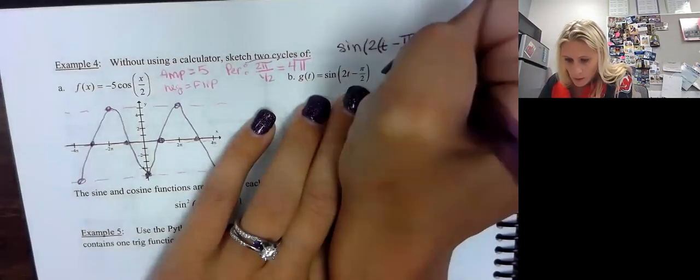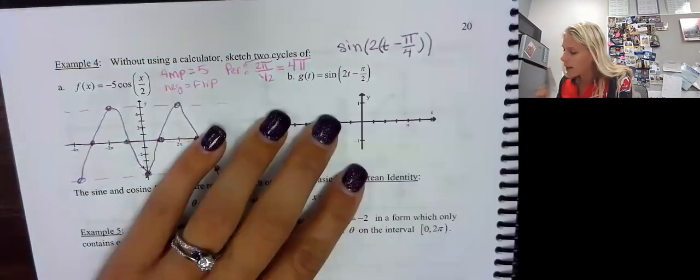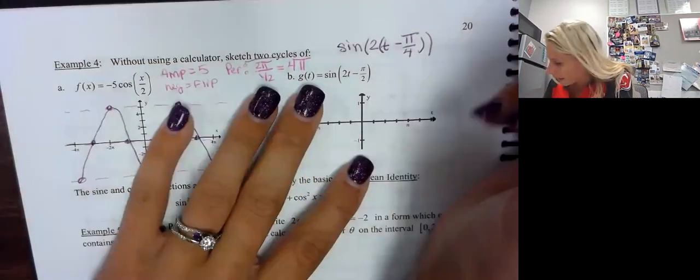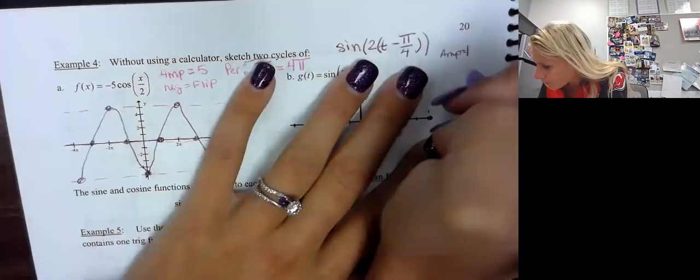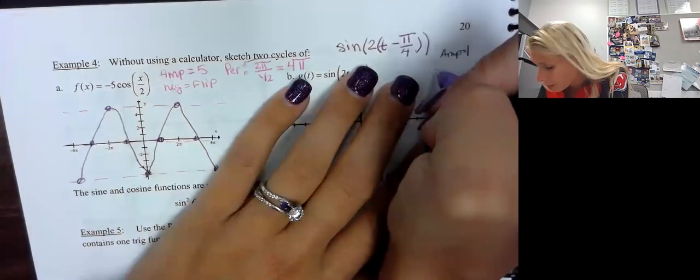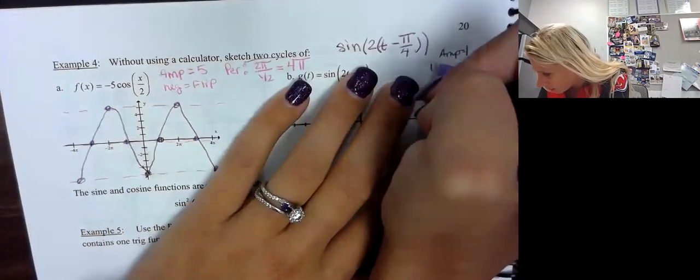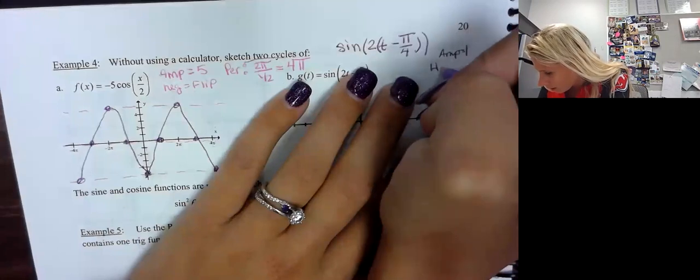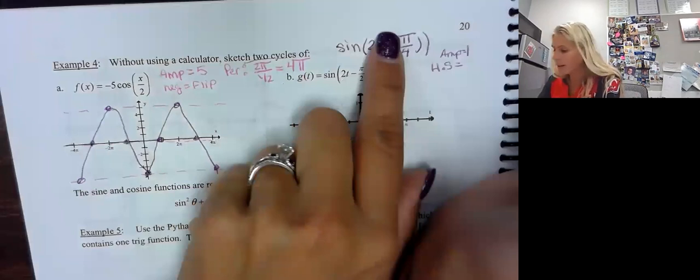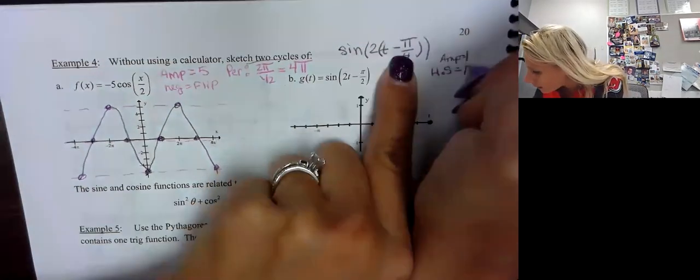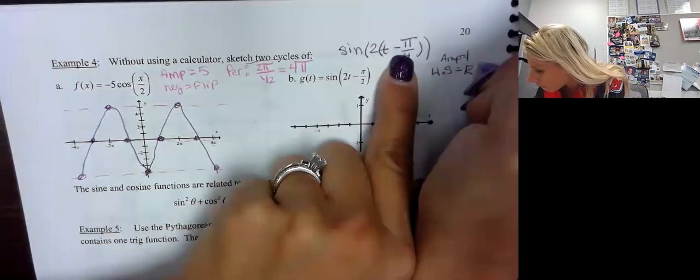Okay. All right, so let's talk about what we have here. The amplitude is 1. We don't flip. We do have a horizontal shift. Now remember, it's opposite of what it looks like. So that means we're going right pi over 4.